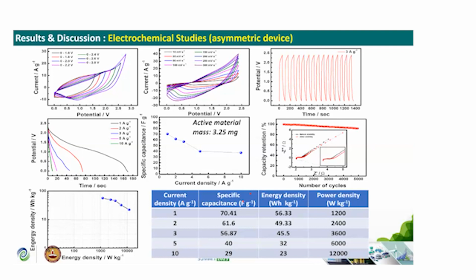Further, the stability we have measured up to 5,000 cycles at an applied current density of 3 A per gram. We have observed almost 92% capacity retention even after 5,000 cycles. And then we have estimated energy density as well as power density. We have observed the maximum energy density of 56 watt hour per kilogram at a power density of 1200.